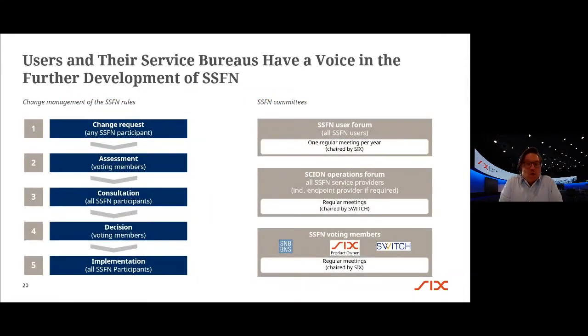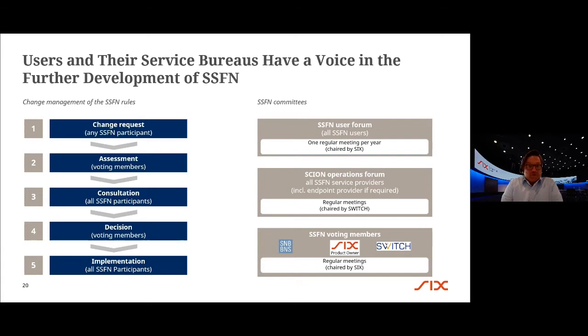So, how can we assure a future-proof SSFN? How can we further develop it? Quite simple rules. Every member, every party can make change requests to SSFN, and these change requests will be assessed by the voting members, which are SIX, SMB and Switch.